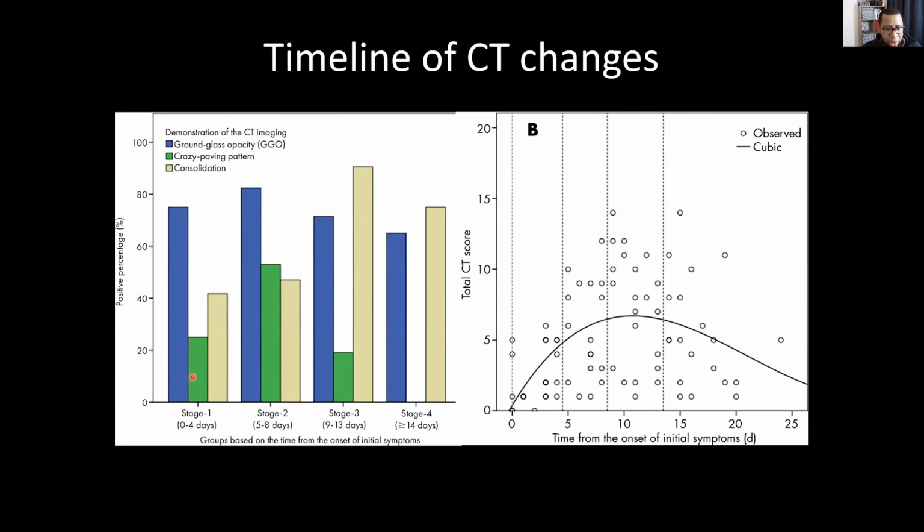And in between that, you have the crazy paving pattern. So some interlobular septal thickening associated with the ground glass and consolidation. So this just shows you, again, just trying to correlate CT scores, opacities with time from onset of initial symptom.